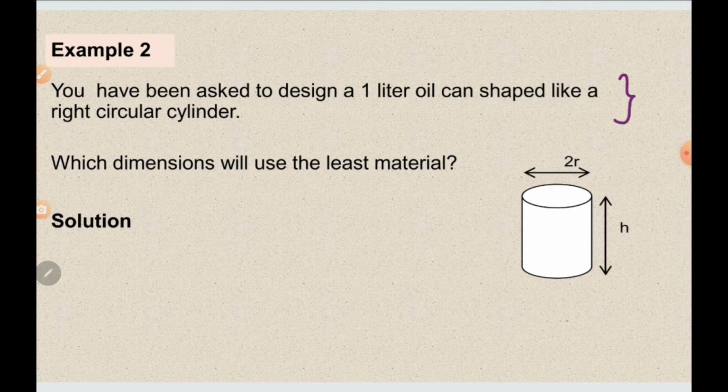Okay, so the information given is a 1-liter oil can shaped like a right circular cylinder.